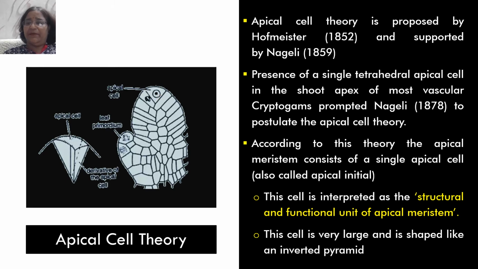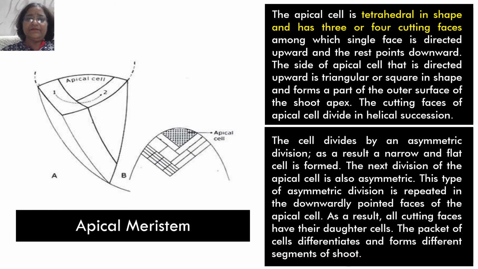You can see the shape here. This is the apical meristem and it has 3 or 4 cutting faces, among which a single face is directed upward. This is the single face which is directed upward, and the side of the apical cell that is directed upward is triangular or square in shape and forms a part of the outer surface of the shoot apex.